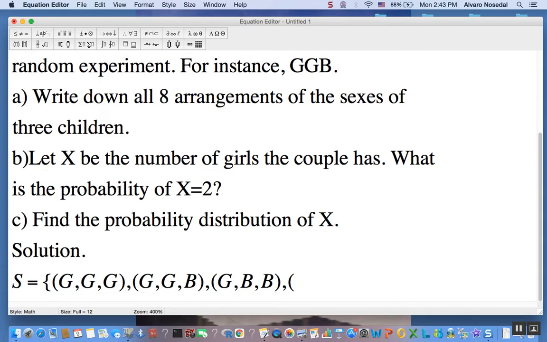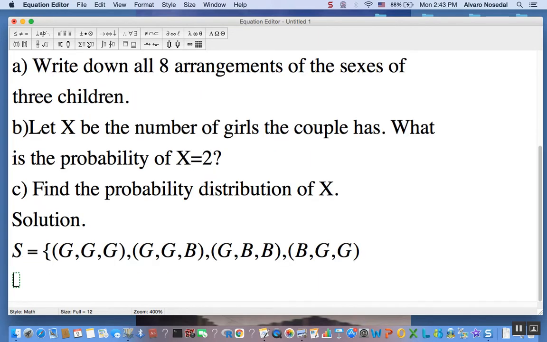Another one BGG. So we have 4. How about BBG, BGB, GBB, BBB?